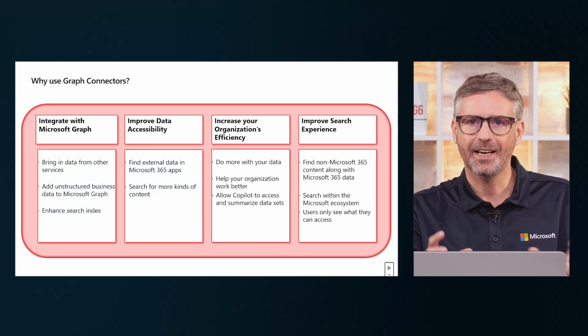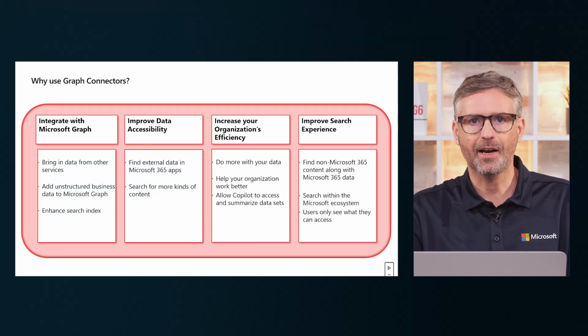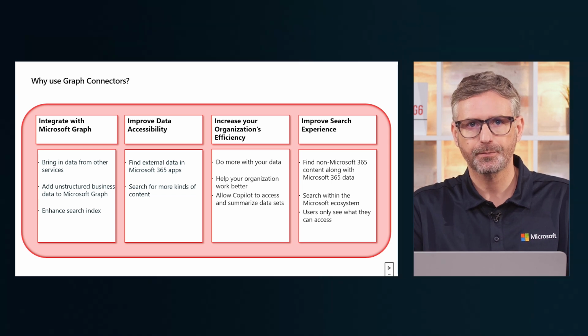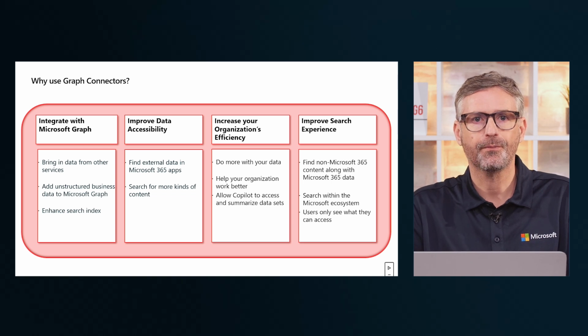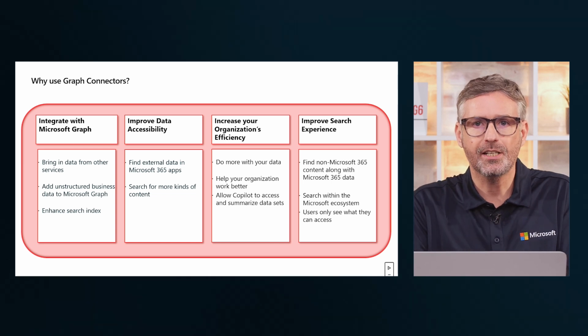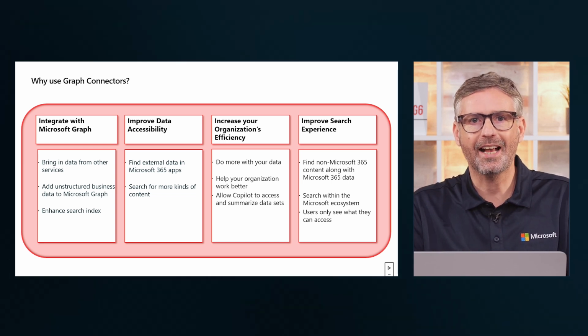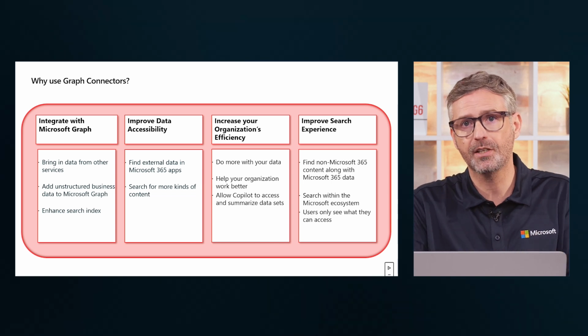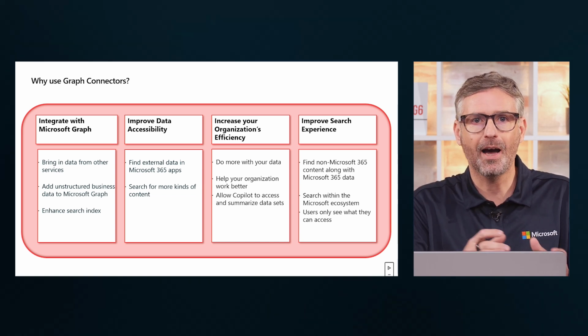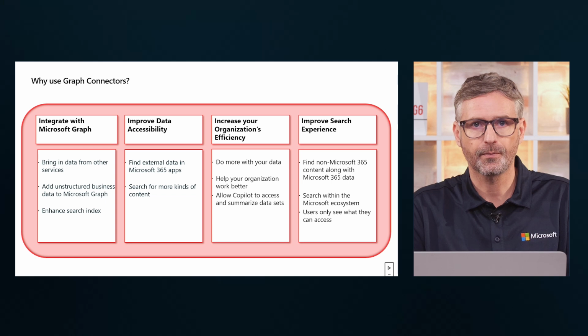So, setting up graph connectors in the Microsoft 365 Admin Center allows you to integrate data from other services into the Microsoft 365 Graph. This improves data accessibility, enhances organizational efficiency, and expands search results by including non-Microsoft 365 data in the Microsoft Search results.